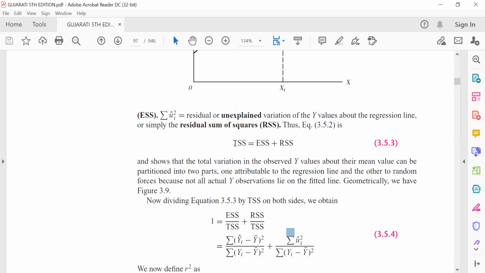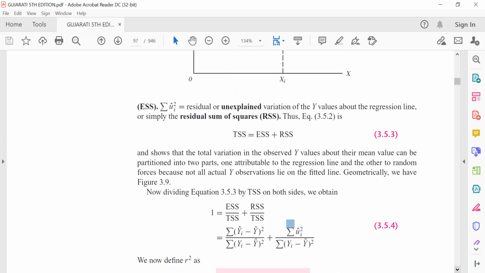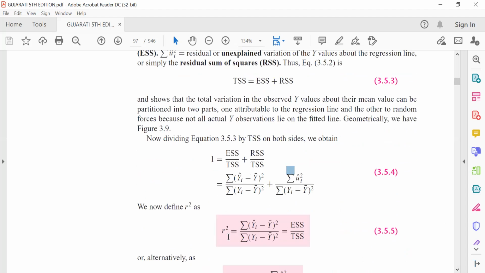This one, we divide it by TSS here. Every element here, we get ESS over TSS plus RSS over TSS. Okay. This means R square is ESS over TSS. Explained sum of square divided by total sum of square. Okay. If I give you a question, what are the values of TSS and RSS, this means you can subtract TSS minus RSS, you get ESS, explained sum of square.